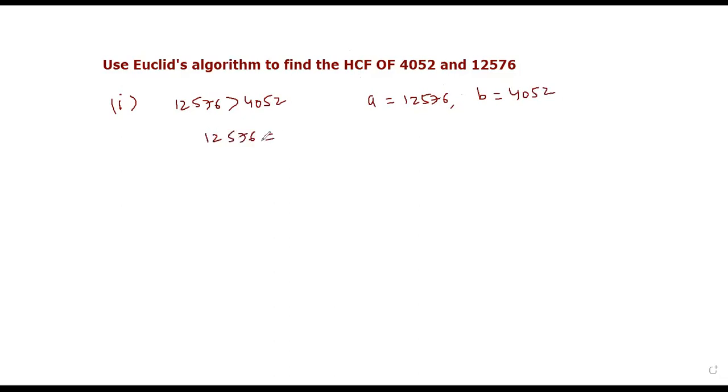So 12,576 can be written. And now you can check directly also. 4,052, how many times will it go? So 4,052, if you multiply by 3, then your remainder will be 420. Okay. So you can do it by solving it or directly, but it's difficult to do directly. So it's compulsory to write the division for this example.